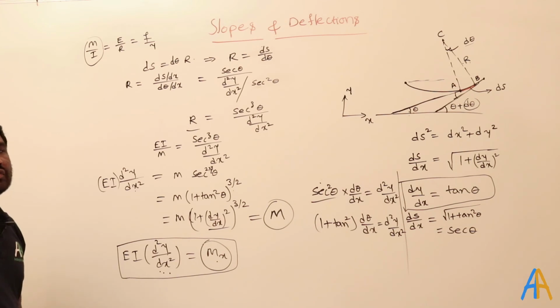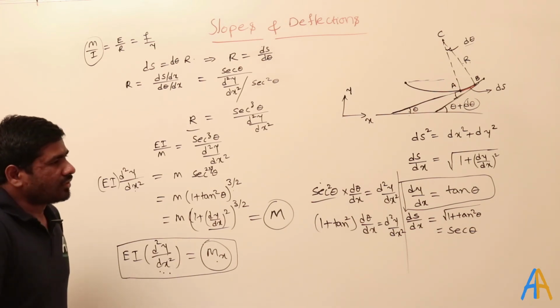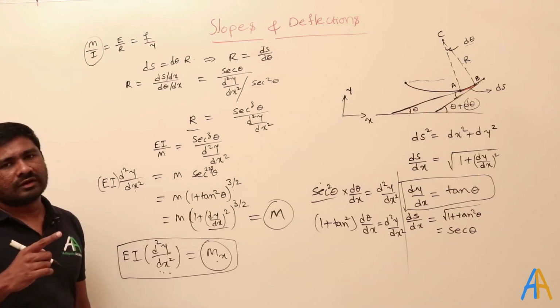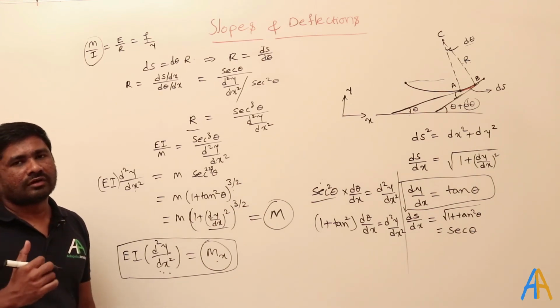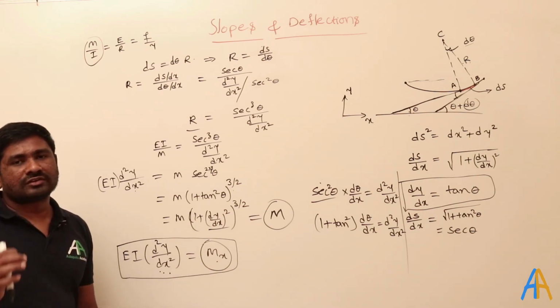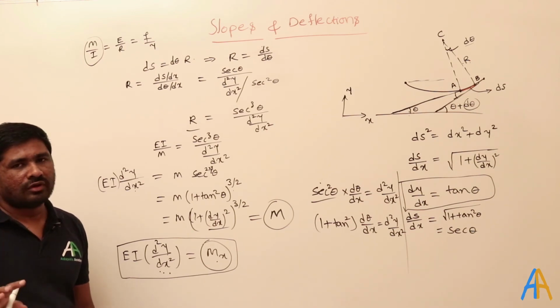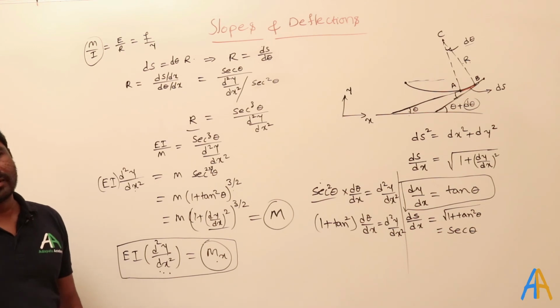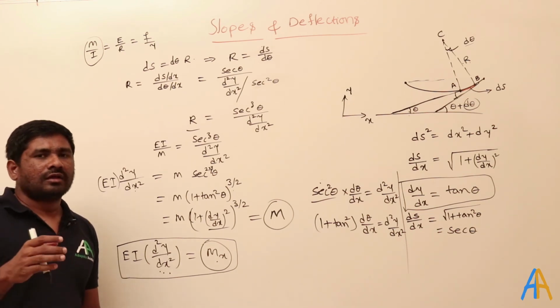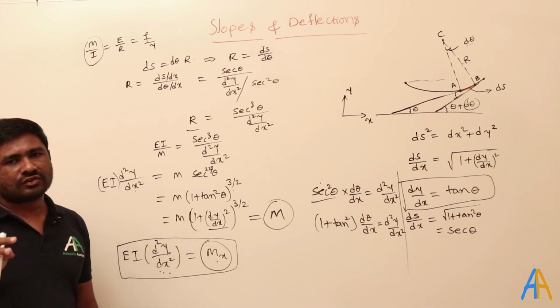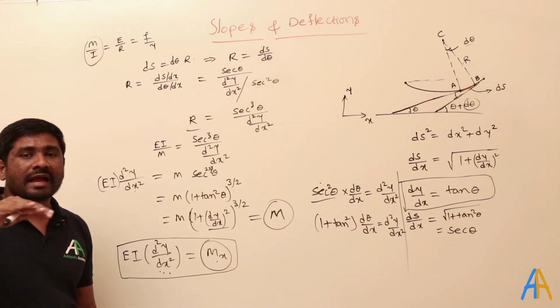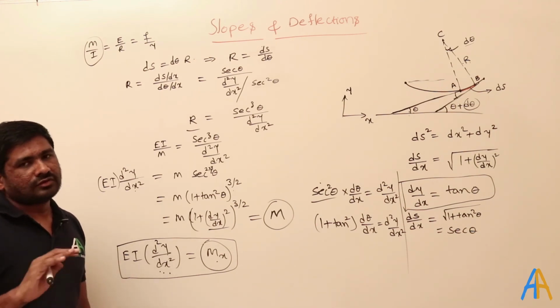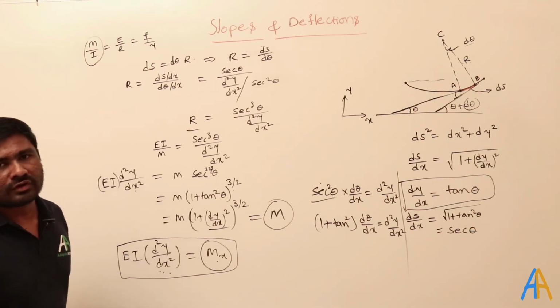And we use the boundary conditions. The boundary conditions for the cantilever beam are: at the fixed support, the deflection is 0 and the slope is 0. For the simply supported beam, the deflection at both ends is 0 and the slope at the maximum deflection is 0. We need to use those boundary conditions.